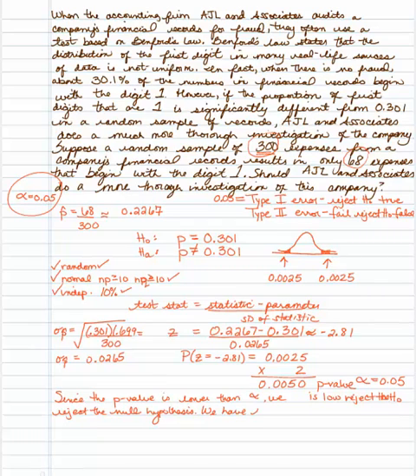A lot of times we'll put this like, we have significant evidence that the proportion of expenses that begin with the first digit of 1 is not 30%.